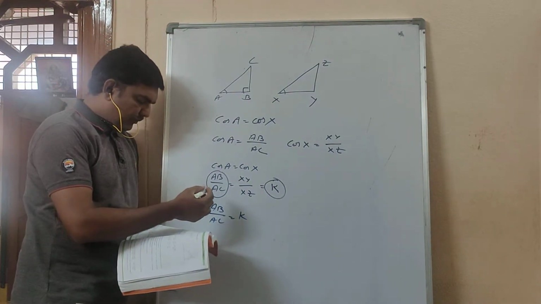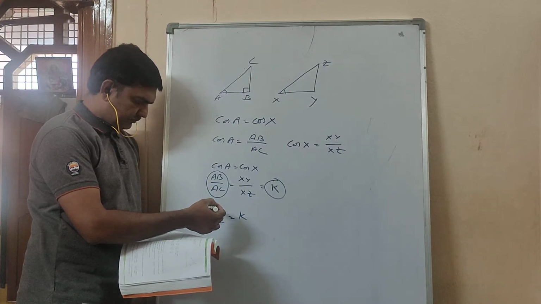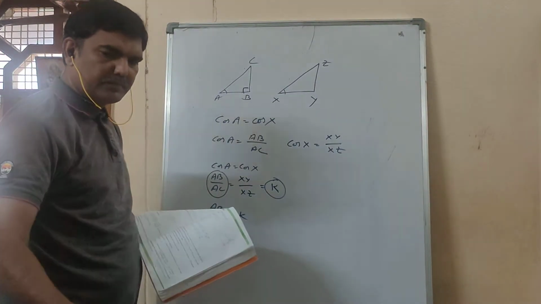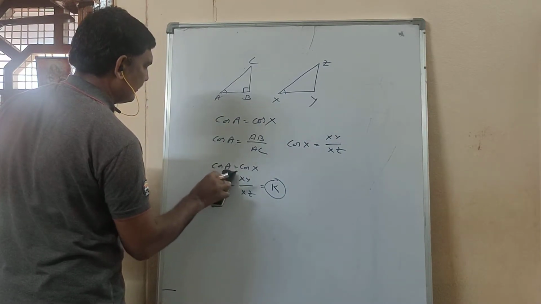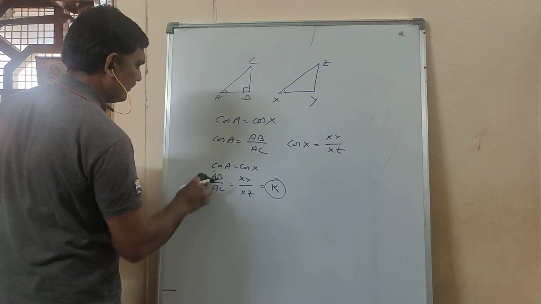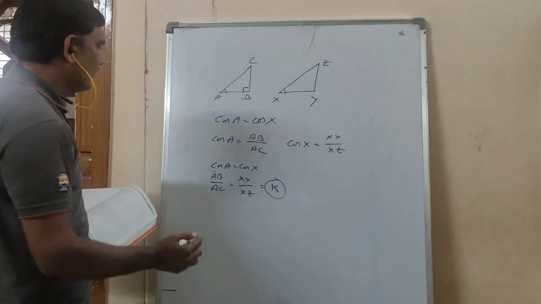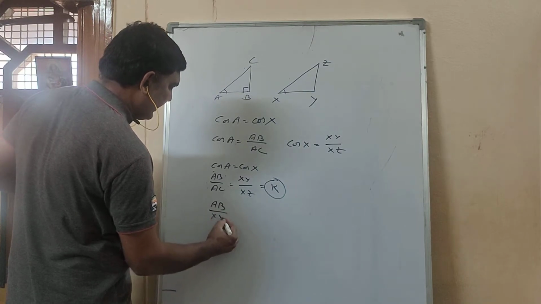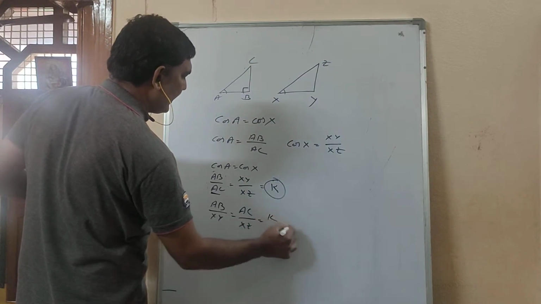Now AB by AC. Here what I am doing is XY take to this side, AB by XY is equal to this, AC take to that side, AC by XZ is equal to k.